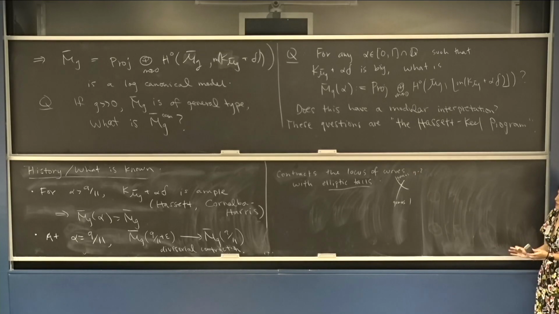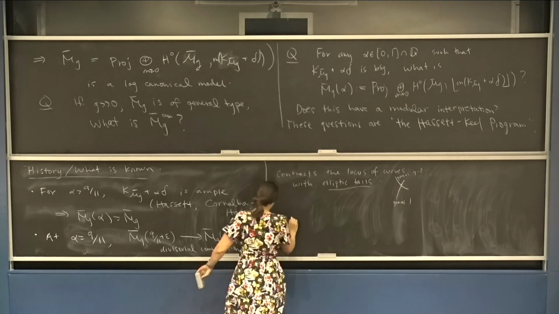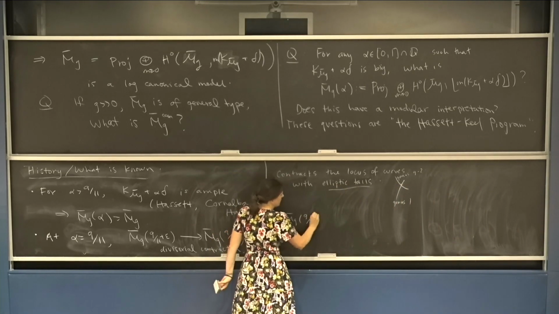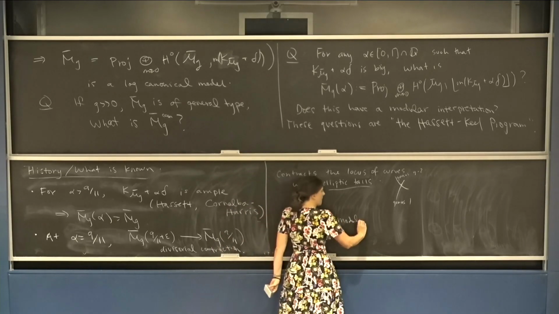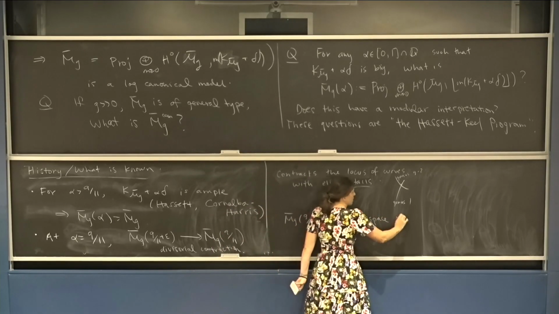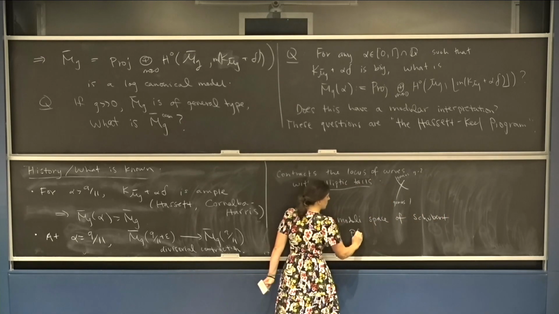And this is unsatisfactory to say it contracts this locus. That's what it does. But in fact, M_g bar at 9/11 has a modular meaning. This is, in fact, a moduli space constructed by Schubert of pseudo-stable curves.